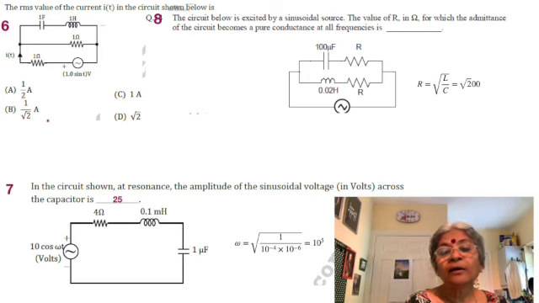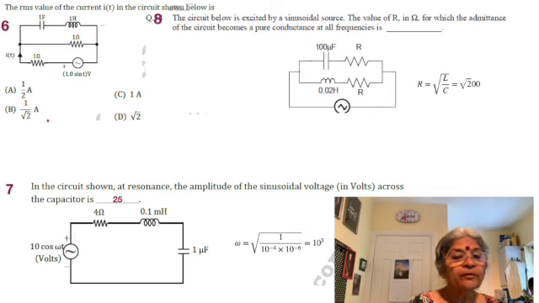That is how we get R equal to root 200, which is 10 into 1.414, or 14.14. So if both the resistances are 14.14, whatever be the frequency, the circuit is going to be a pure resistance or conductance.